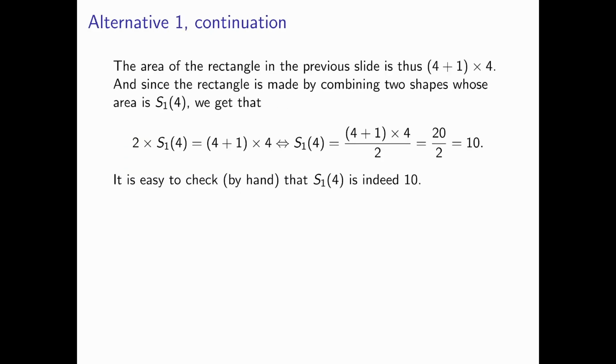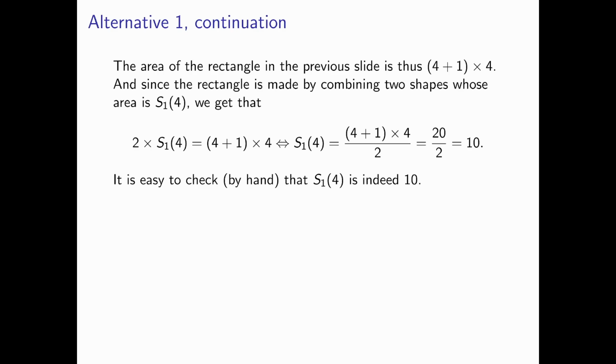It's just 4 plus 1 times 4. And since this area is just twice the area of the original triangle, we get that 2 times s sub 1 of 4 has to be this number, 4 plus 1 times 4. So we just divide by 2 everywhere, and we get that s sub 1 of 4 is 4 plus 1 times 4 divided by 2, which is just equal to 10. And it's easy to check by hand that s sub 1 of 4 is indeed equal to 10.